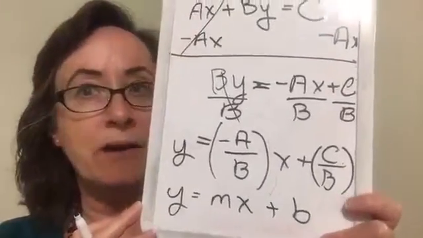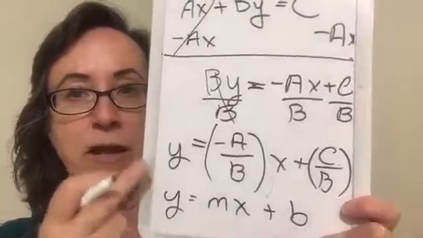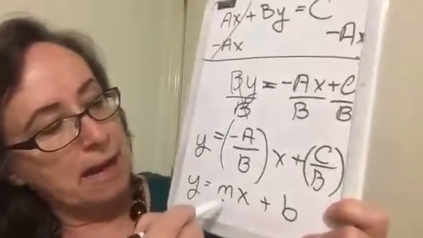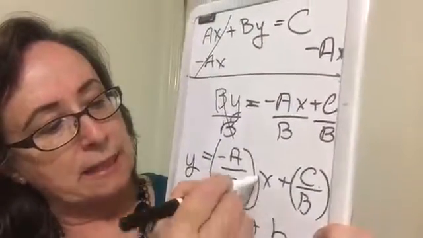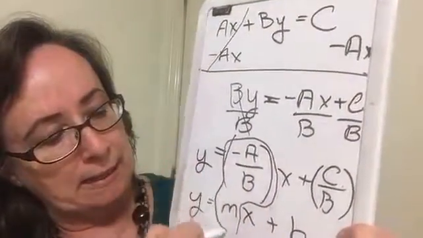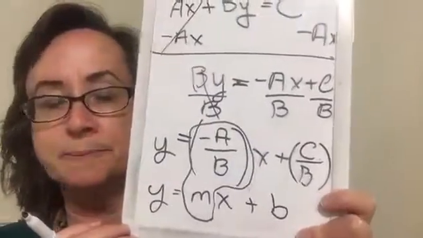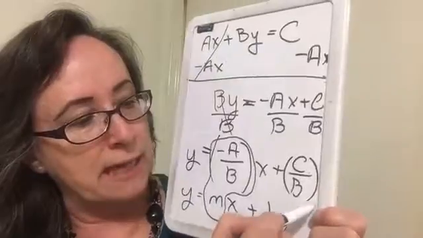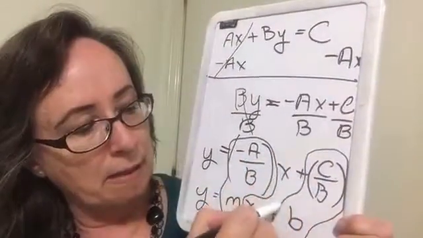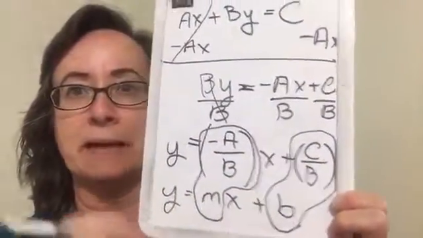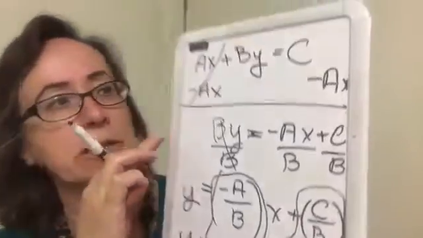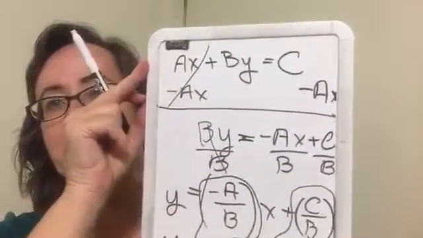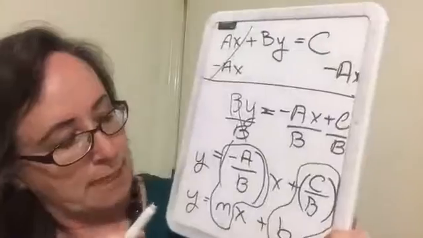So when you compare the two, since I have them both solved for y, my m, or my slope, must be -a over b, and my little b, which is my y-intercept, must be my c over b in my original equation.